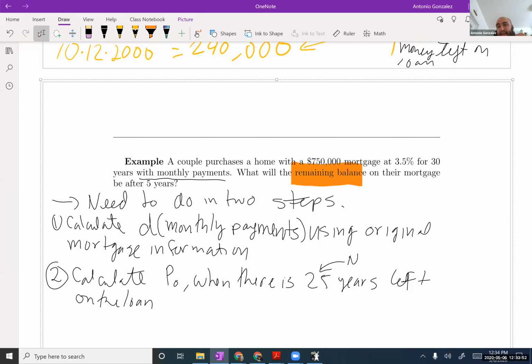So let's start by figuring out, if I were to buy a house here with a 750K mortgage, what would be my monthly payments on that house?